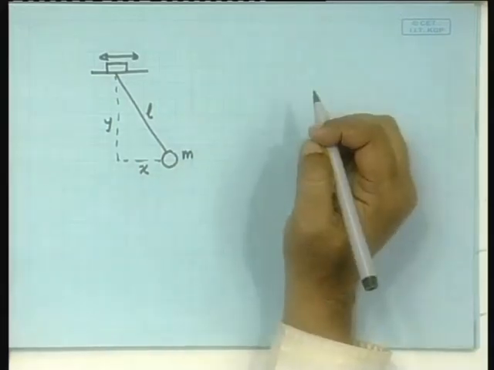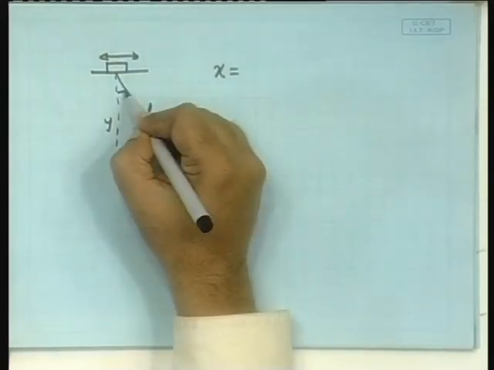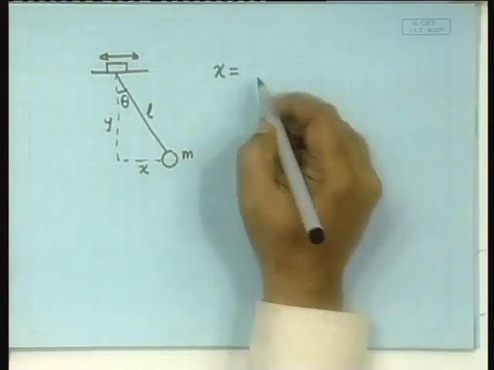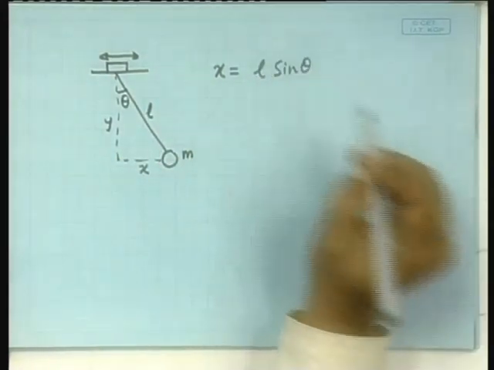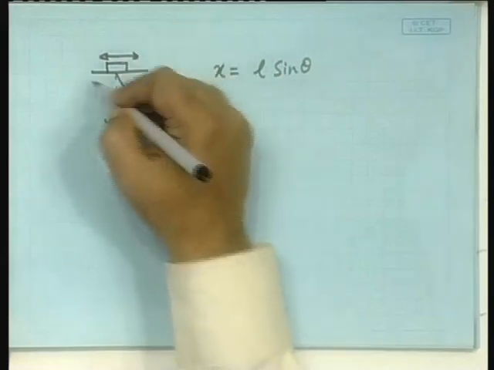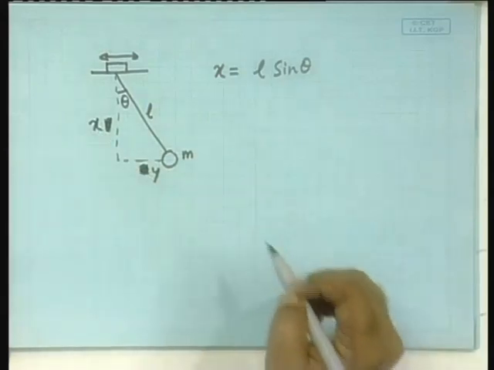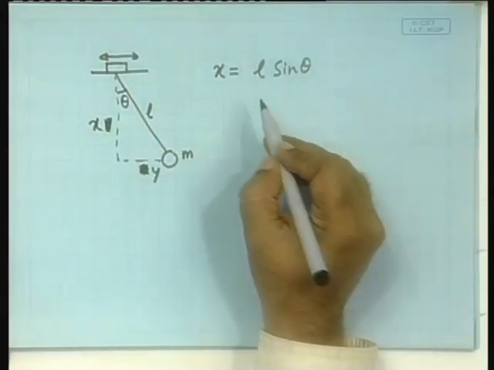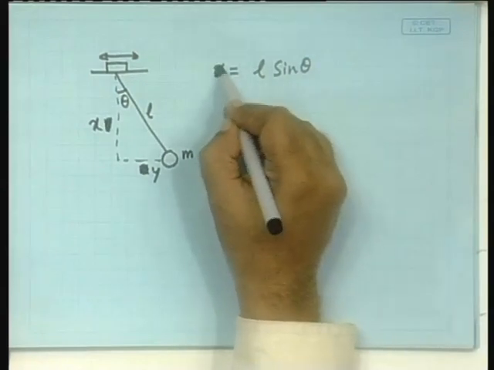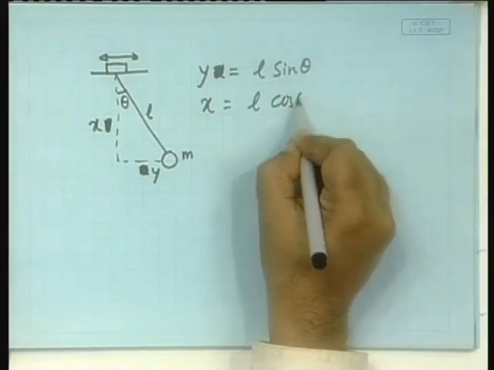Now, if this is theta, x is L sin theta. No, let us redefine, because things are happening in this direction. Let us call it y and let us call this x. Then y is equal to L sin theta and x is equal to L cos theta. Okay.